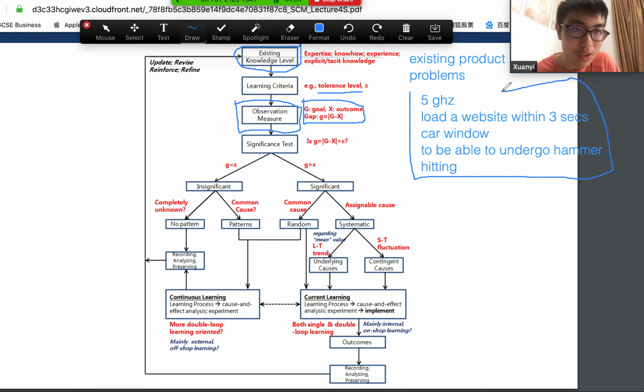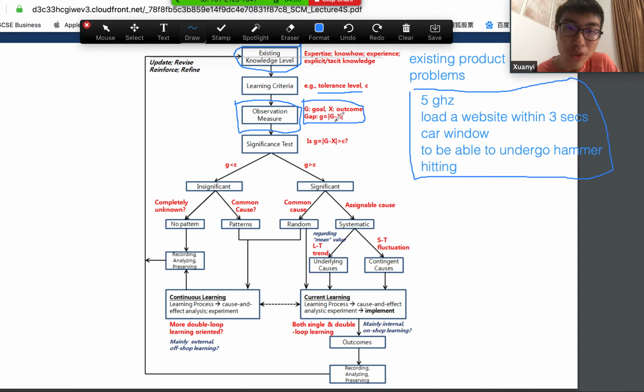These are examples of goals we can set. So our goal can be a certain speed of our product, and also a certain durability. As I mentioned before, durability is an order qualifying attribute, which means durability is really important for how much sales you can generate at first. So definitely, if your car window can undergo a hammer, that's really protective, and many customers may choose to buy your car.